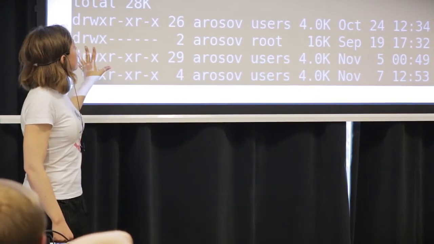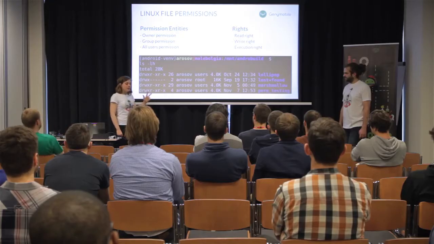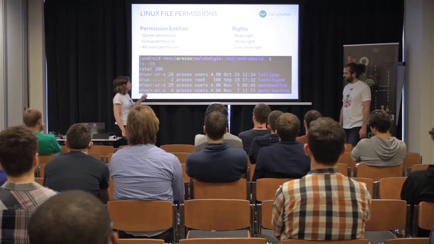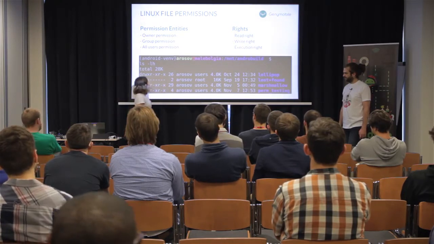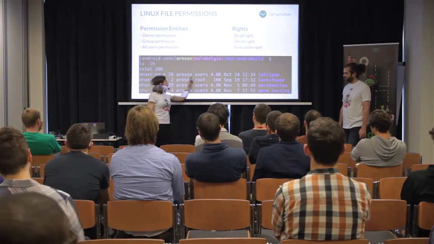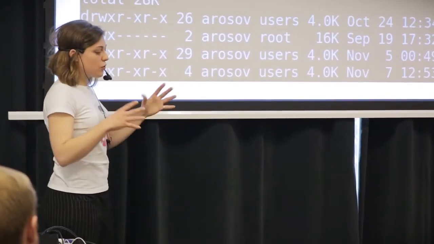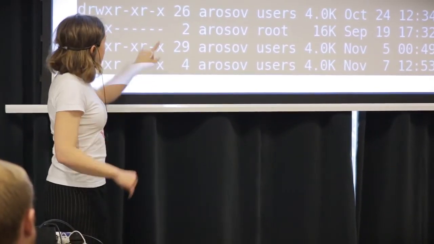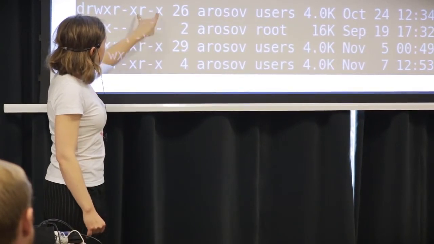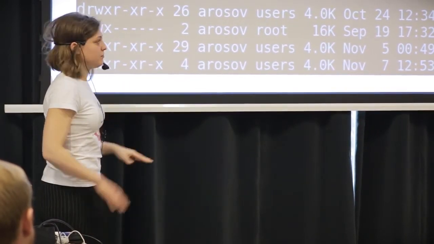That is how it works. And you have three identities on Linux: the user and its associated rights, the group with the three letters associated, and the rest of the world can have access to the file, represented here by the last three letters.